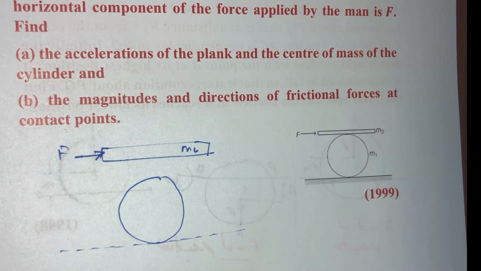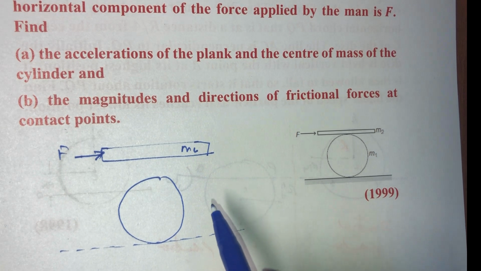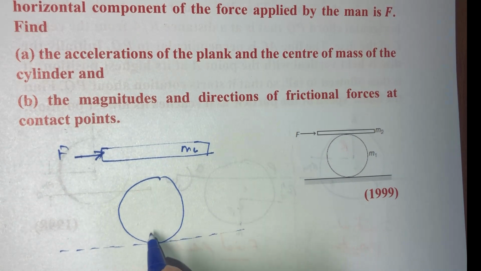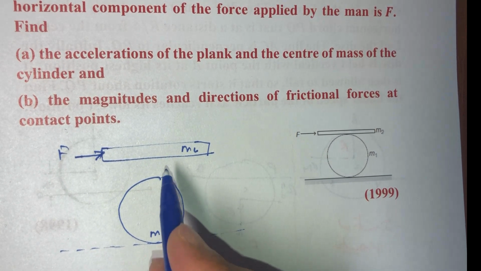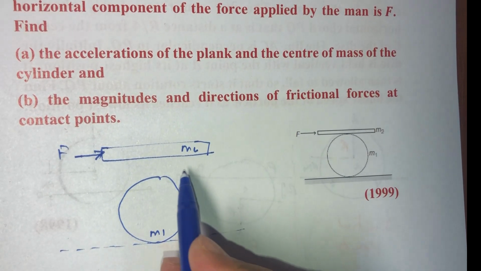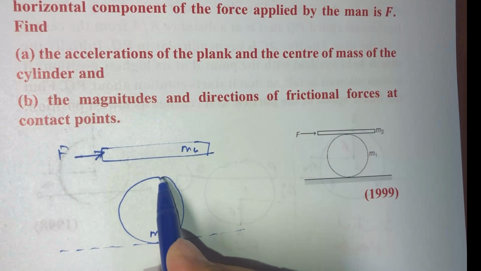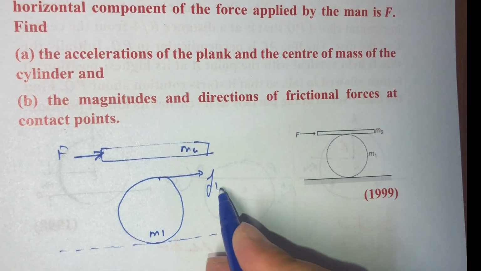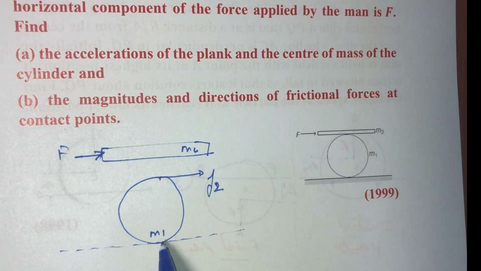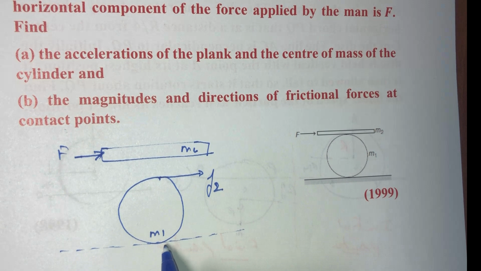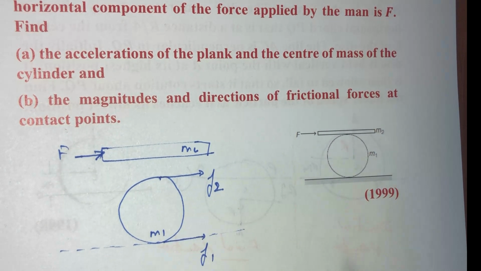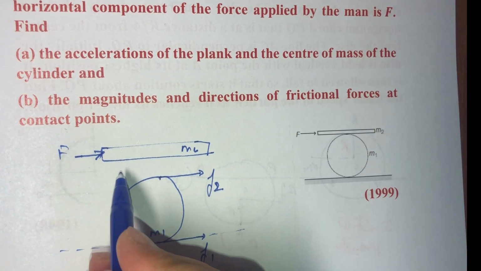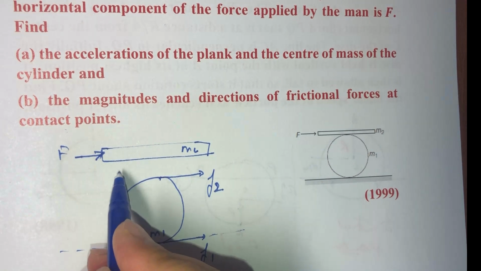Let us assume that the cylinder has mass m1 and the plank has mass m2. Because of the friction between the cylinder and the plank, let us suppose that force is f2, and between the cylinder and the ground it is f1, which will be acting in this direction. Because of action and reaction between the plank and the cylinder, there will be f2 acting in the opposite direction.